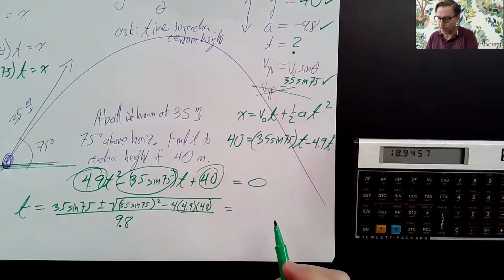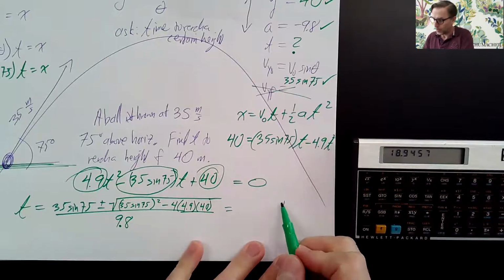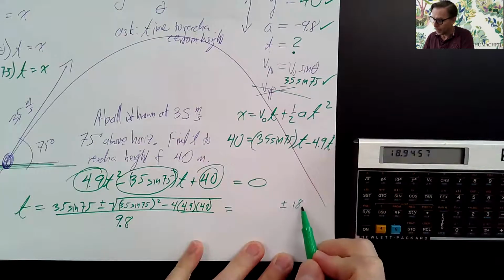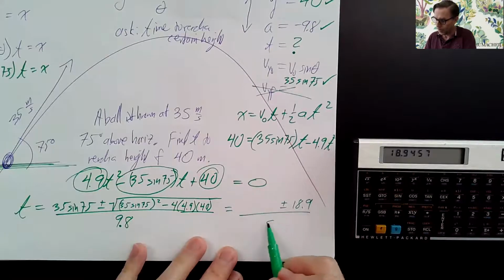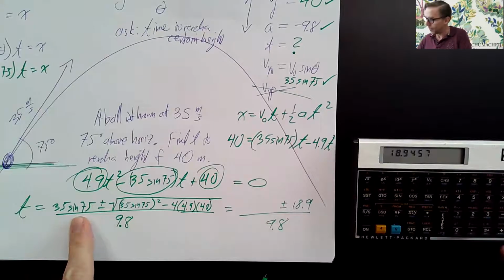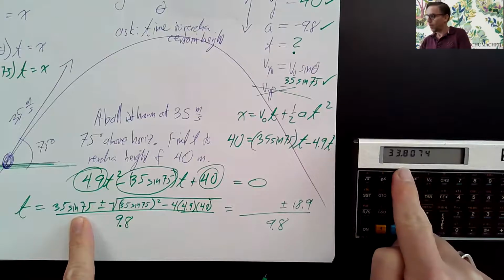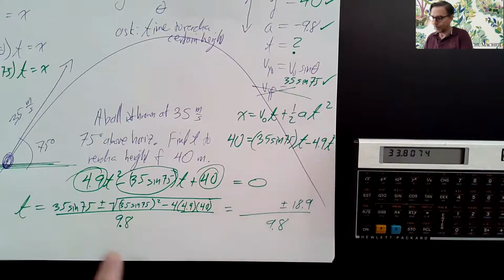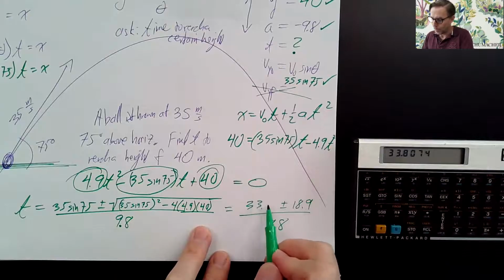So basically I have plus or minus 18.9 over 9.8. 35 times sine 75, there we are, 33.8.